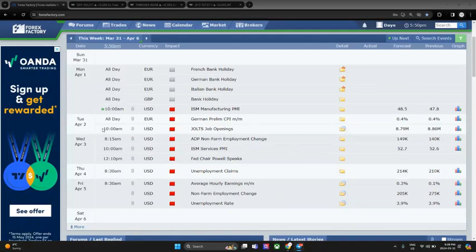Again, if there is a setup, you can trade index futures. You can touch the S&P 500, the NASDAQ, and the Dow if you like the Dow.